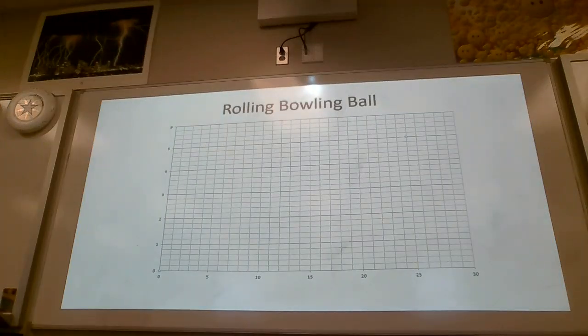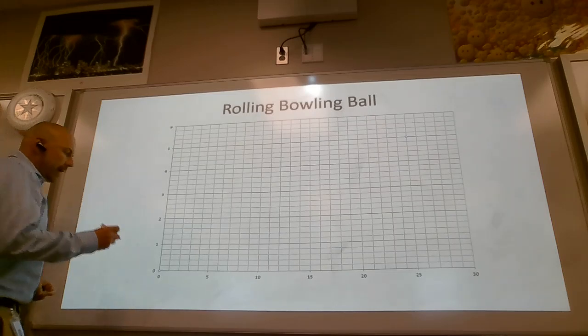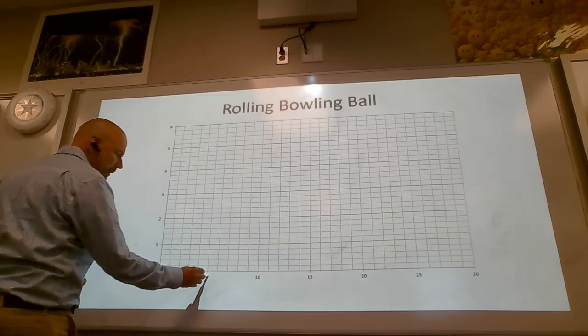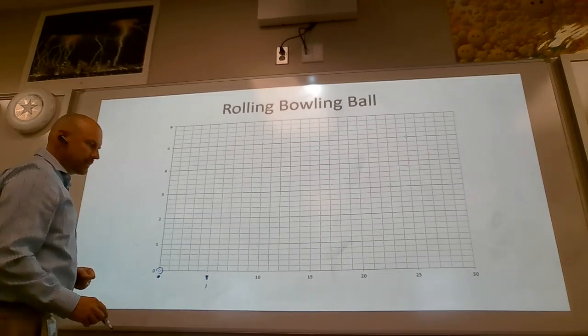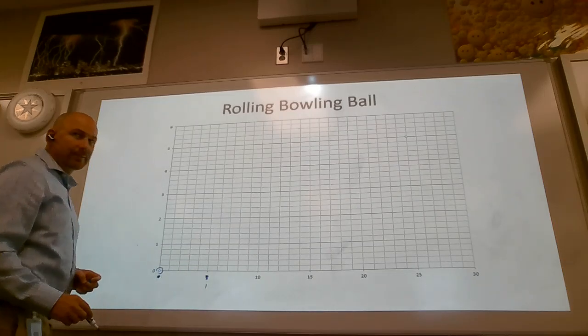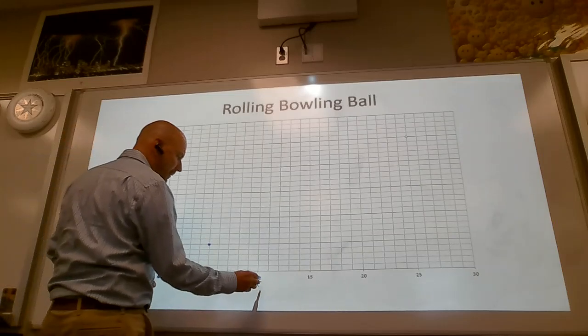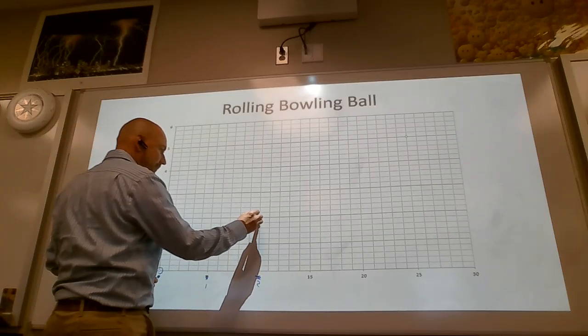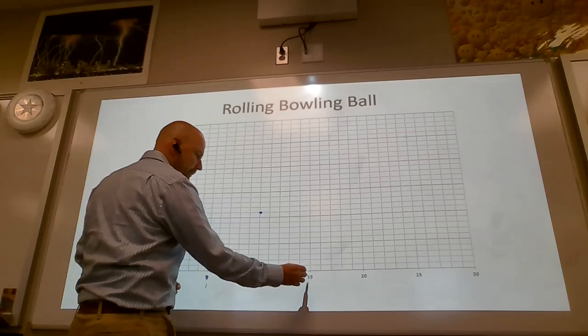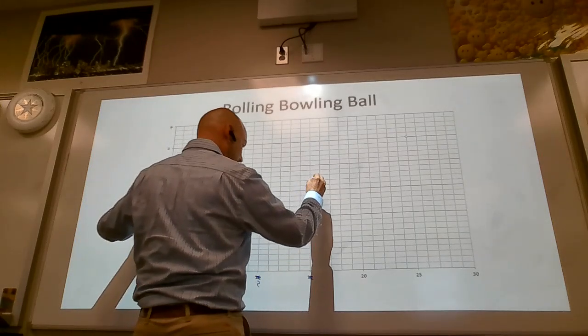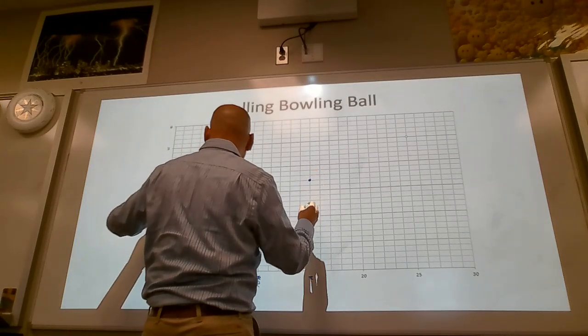Yesterday, we rolled the bowling ball across the classroom, and 0-0. What was the next person? 1. Next person? 2.2. Next person? 3.4.